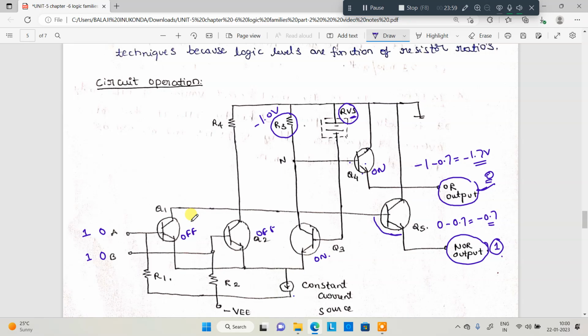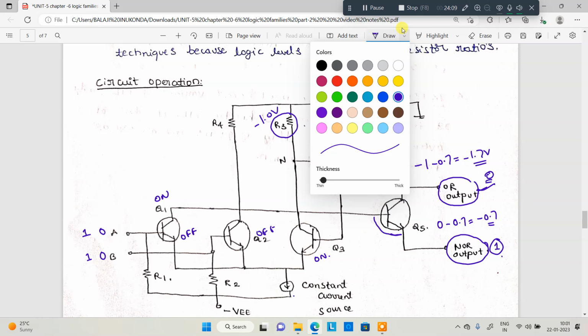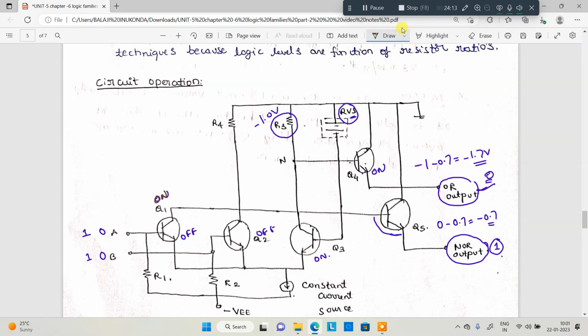So in that case, Q1 and Q2 both are on. Whenever you are applying 1, otherwise any one of the inputs is high, Q1 is on. Q1 is on and Q2 is also on. Both are on. Whenever both are on, what about Q3?